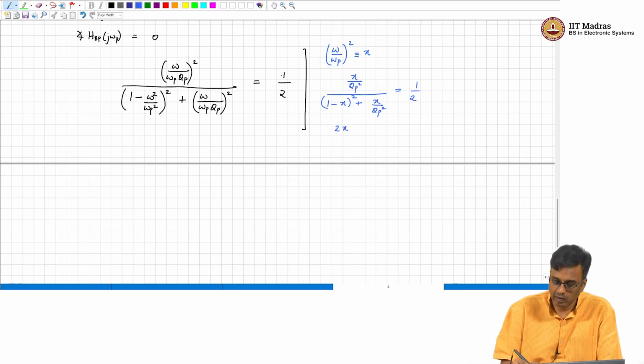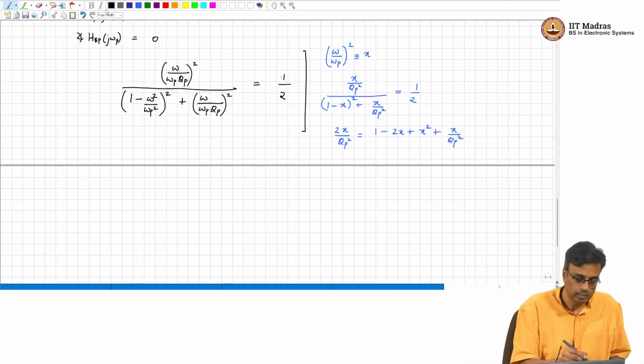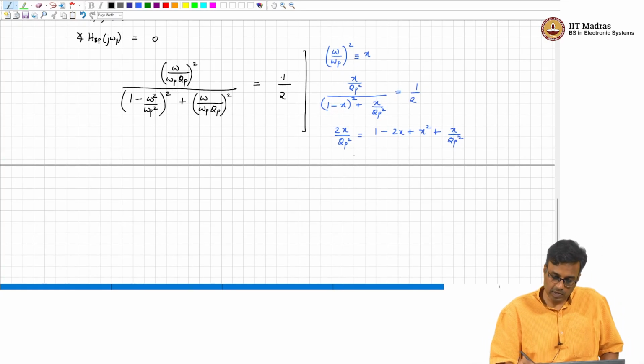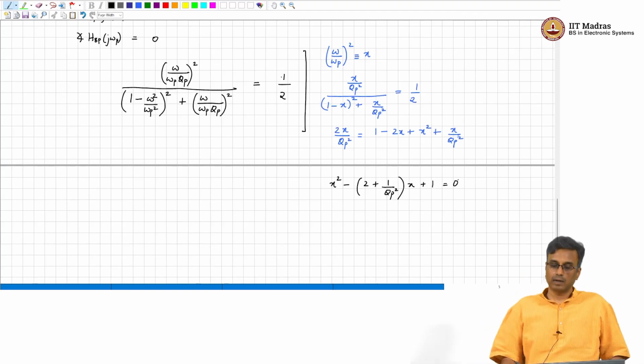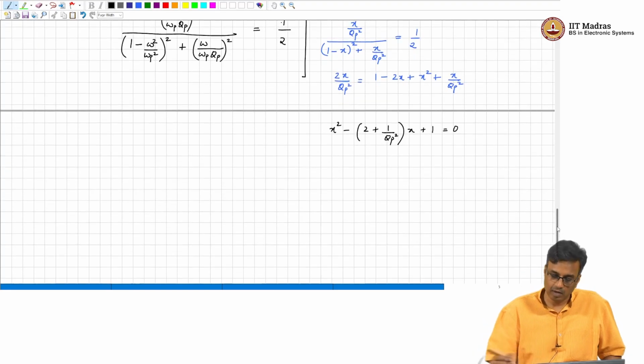So 2x over Qp square must be 1 minus 2x plus x square plus x over Qp square. So this basically means that x square minus 2 plus 1 over Qp square times x plus 1 equals 0. Is that correct?